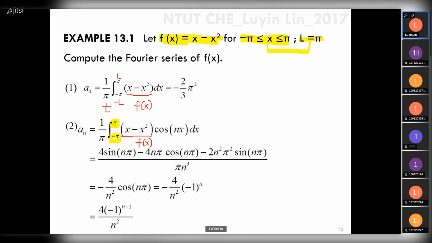This one is minus L to L, 1 over L. Pay attention here. The angle for cosine, do remember, is n pi x over L. And you put n pi x over pi because L is pi.